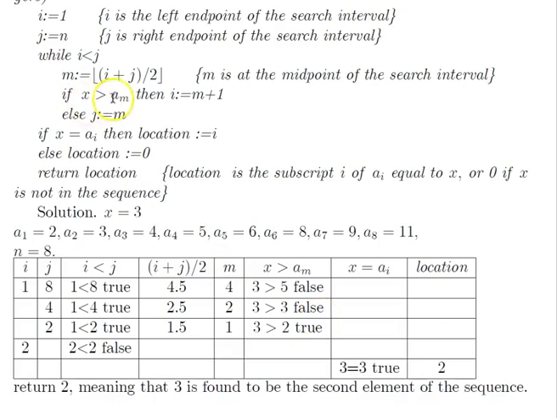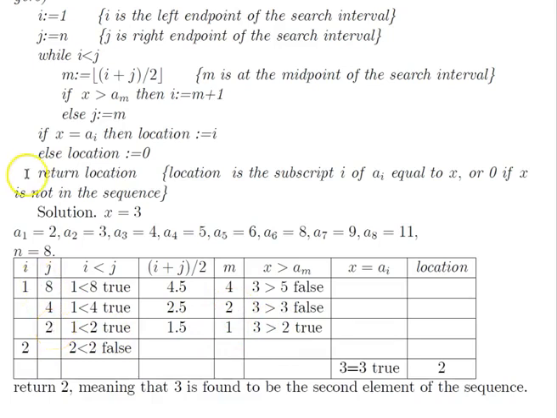Because the condition of this statement is false, we do the operator presented after else. j takes value m. The value of m is 2, so j becomes 2.